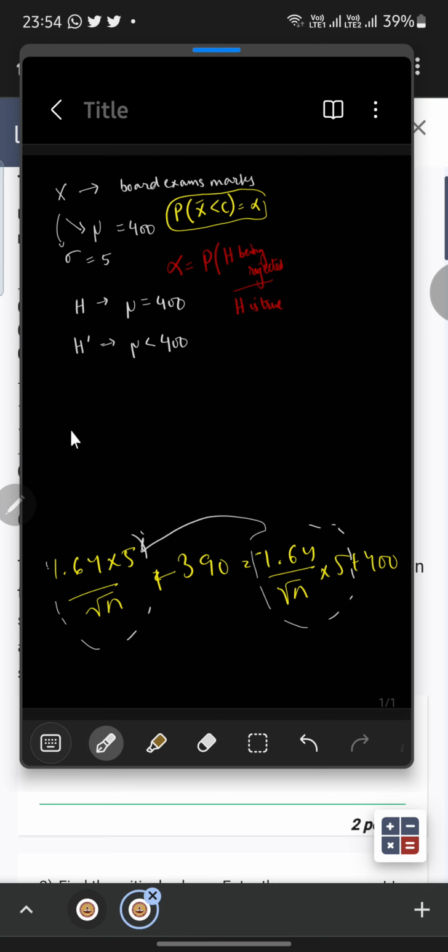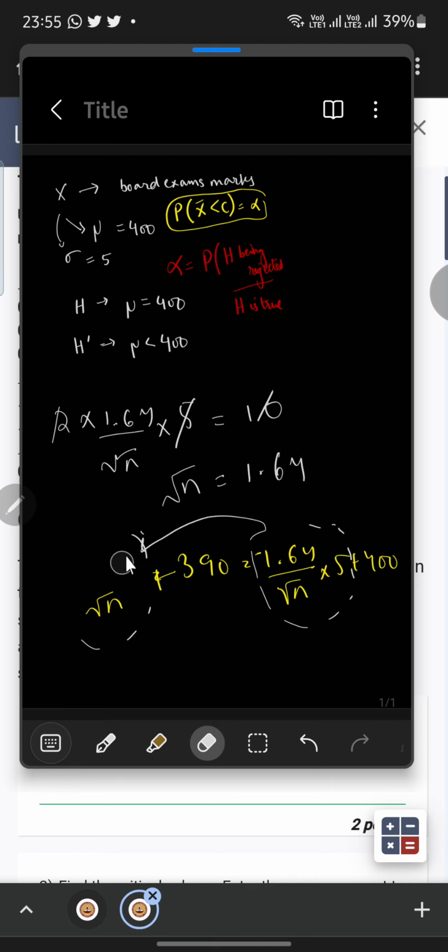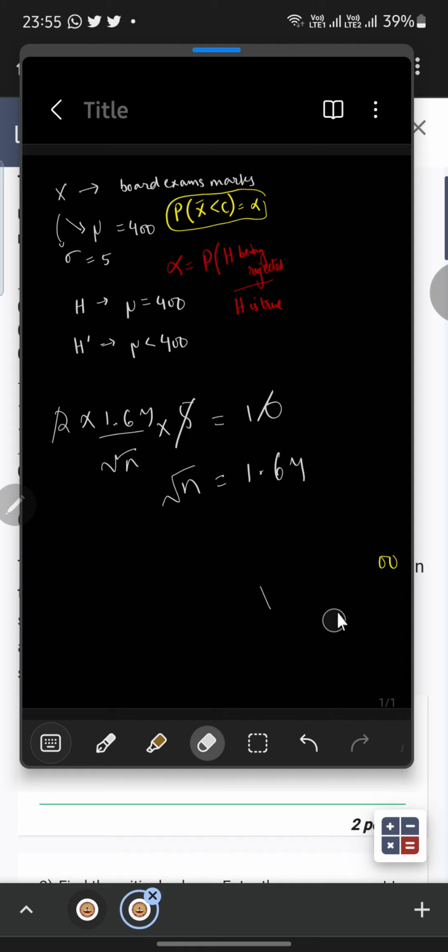So we get 2 into 1.64 by root n into 5 equal to 10. Simple. So 10 cancels out and we get root n equal to 1.64, or we can say that n is basically 2 point something, 2.7. Root 3 is 1.732, so it would be pretty near to root 3, right?